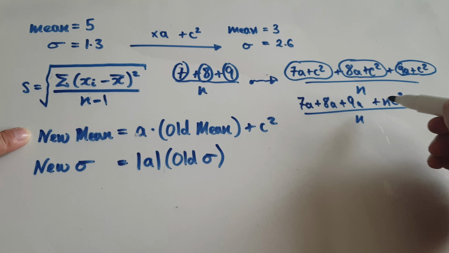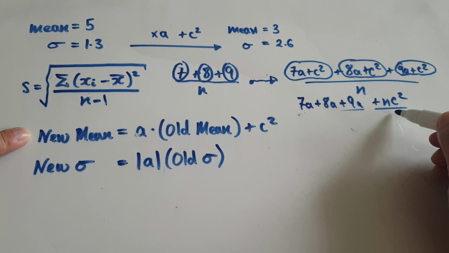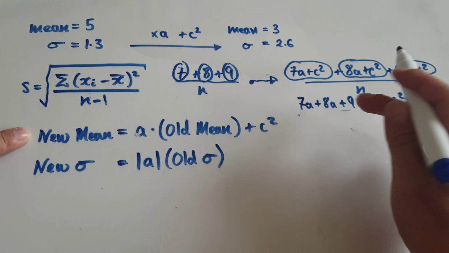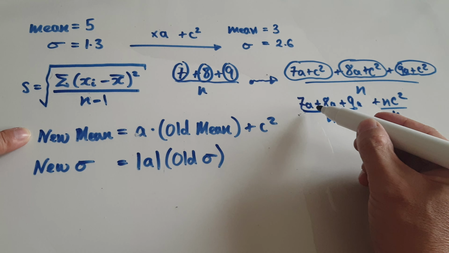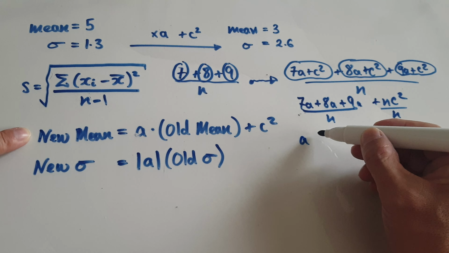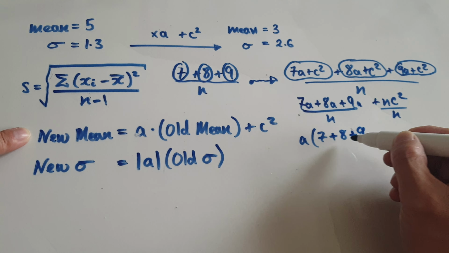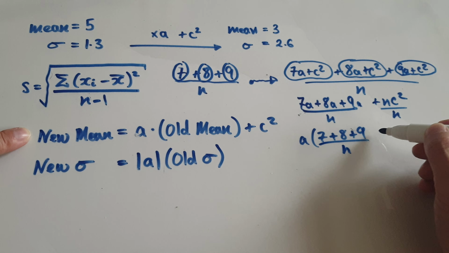And then you can break this up as two fractions, and then factor out the a. So that would then be a times 7 plus 8 plus 9 divided by n.